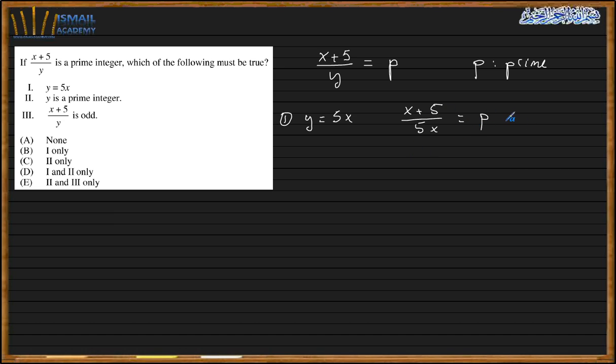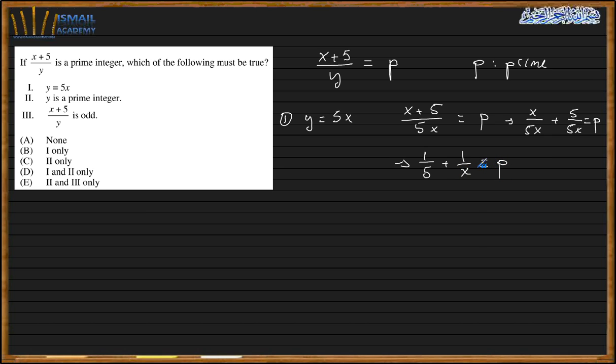Now, because this is a fraction, I can put each term of the numerator under the denominator, plus 5 over 5x equals the prime number. If I cancel the x, I will have 1 over 5 plus 1 over x equals prime.